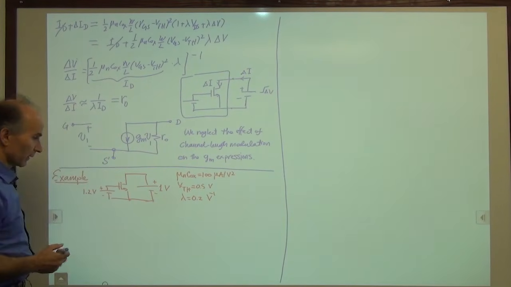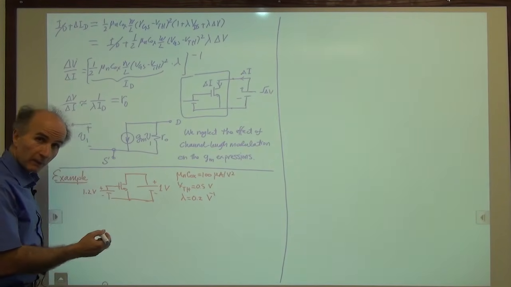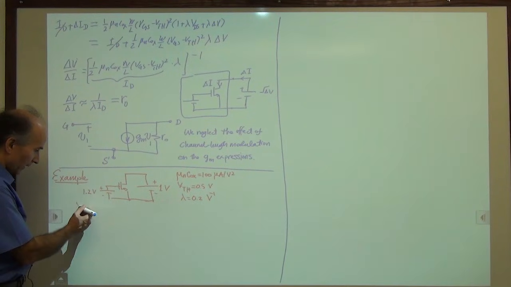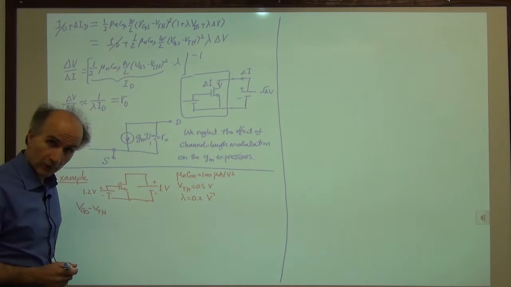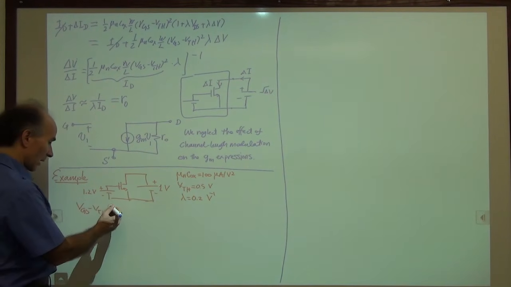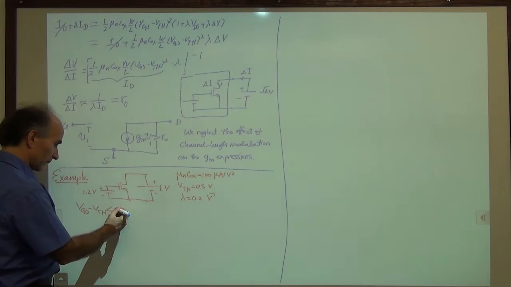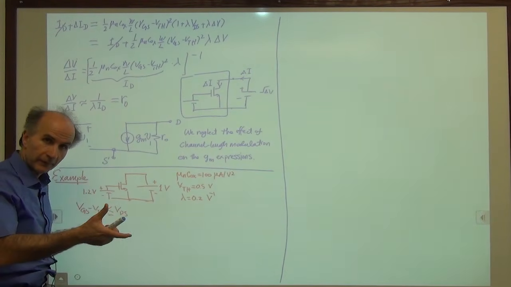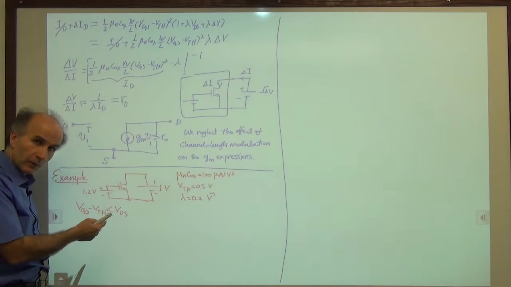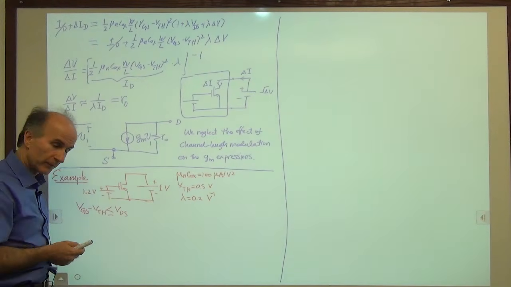Well, we just remember for saturation to be guaranteed, we have to have VGS minus VTH, which is the overdrive voltage, less than or equal to VDS. In other words, VDS has to be large enough. If it's too small, then at some point the device will be in the triode region.